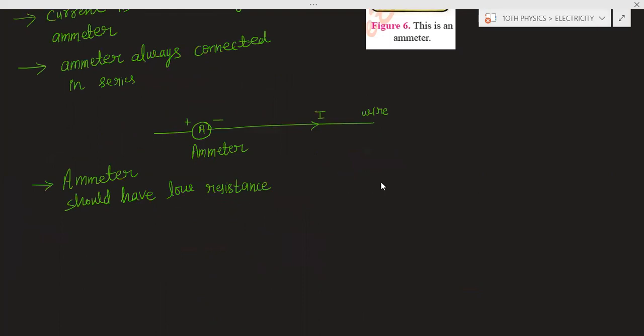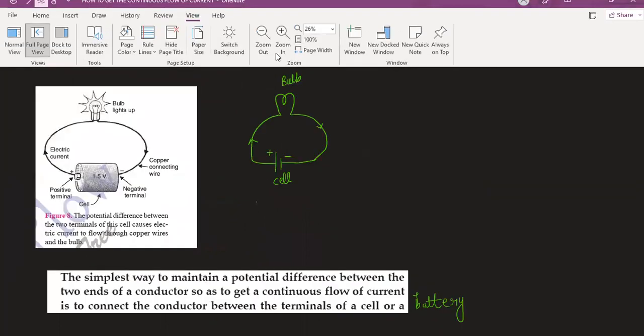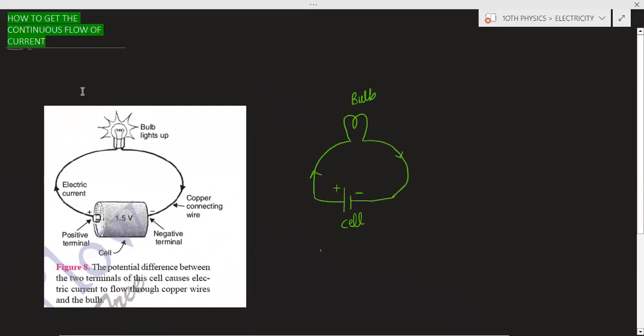So here is the next point: how to get the continuous flow of the current. For example, continuous flow of the current means, if you want to run any type of device, just for example, laptops and mobile phones and all that.